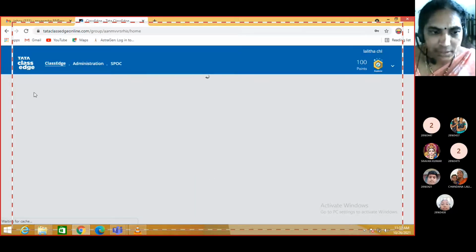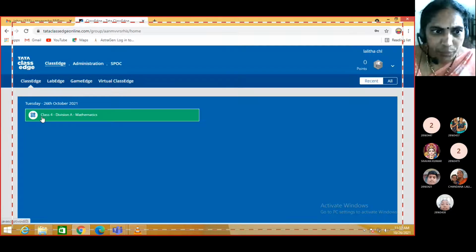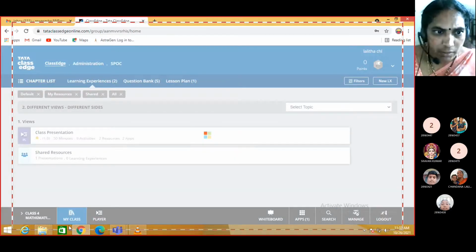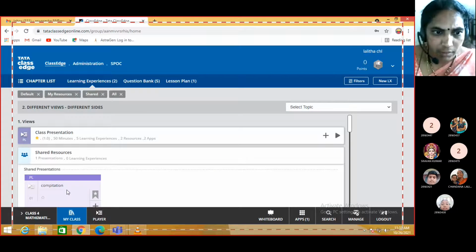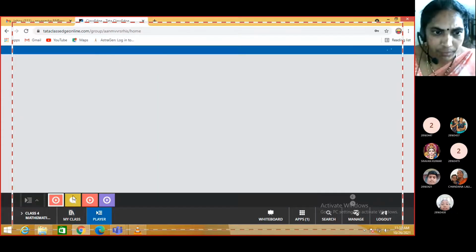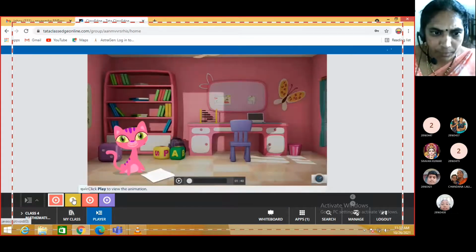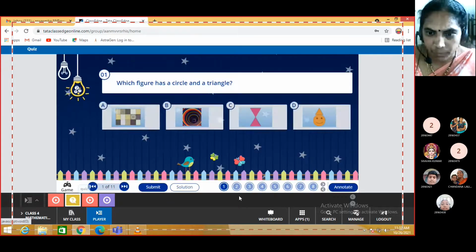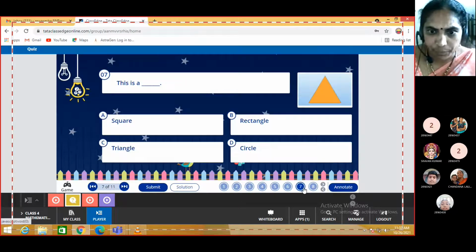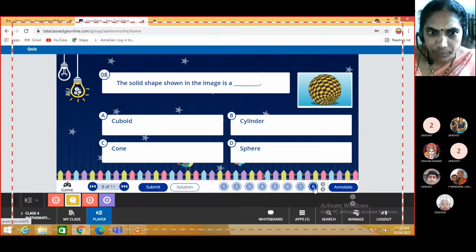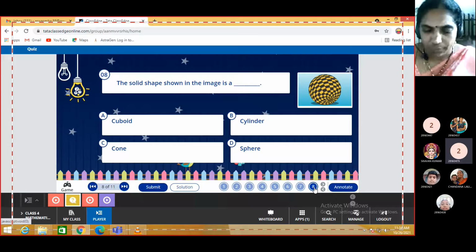Yes, now let us continue. Yes, Pranav. The solid shape shown in the image is a dash.